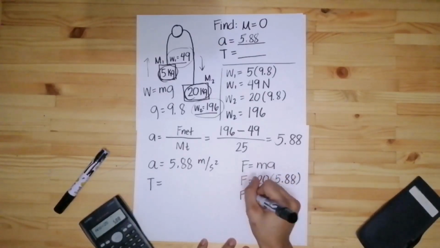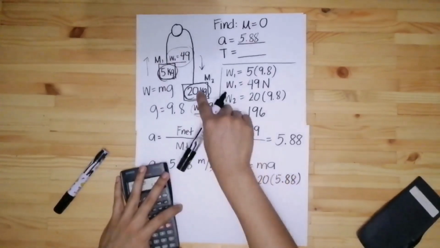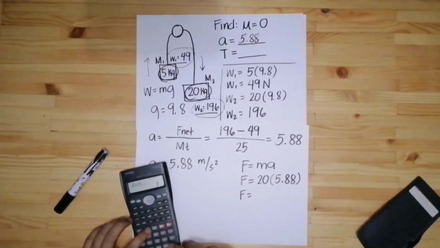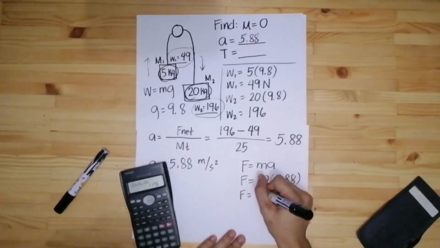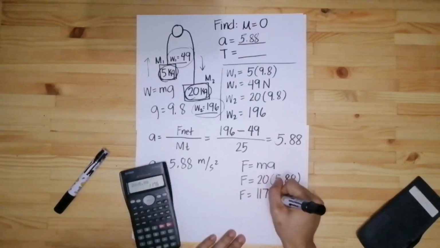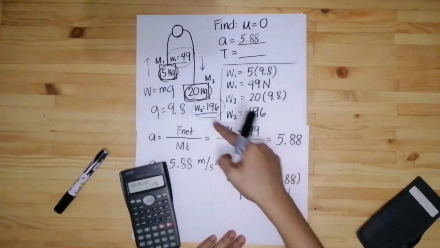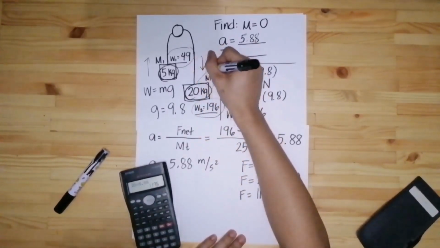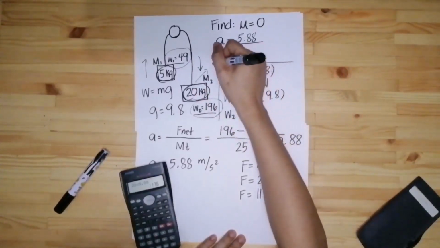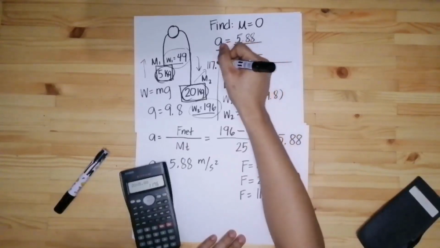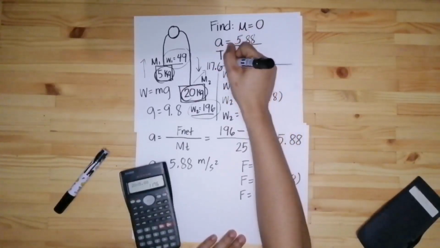Then multiply lang natin para makuha yung force na meron dito sa 20 kilograms. 20 times 5.88 is 117.6 Newton. So yung force na meron dito sa 20 kilograms ay 117.6 Newton.